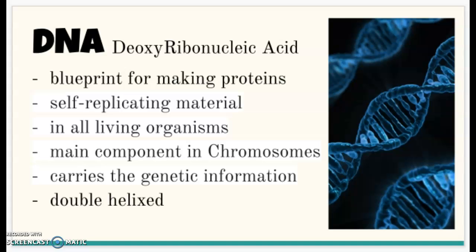Basically, your chromosome is a really tight strand of DNA that's been wound together into a chromosome. DNA is what carries all your genetic information. It's what makes you who you are. It's basically like the letters to your story. It's a double helix, so that's what this shape is here.